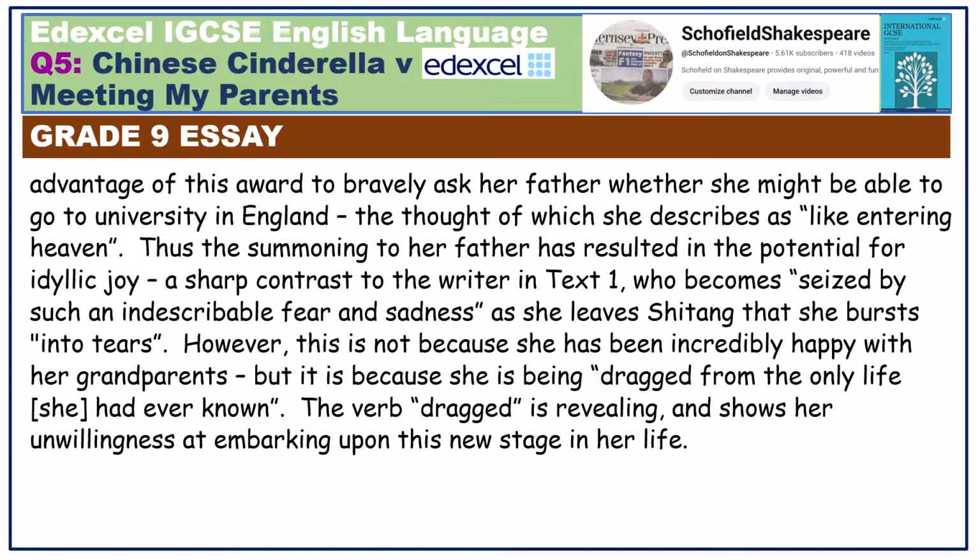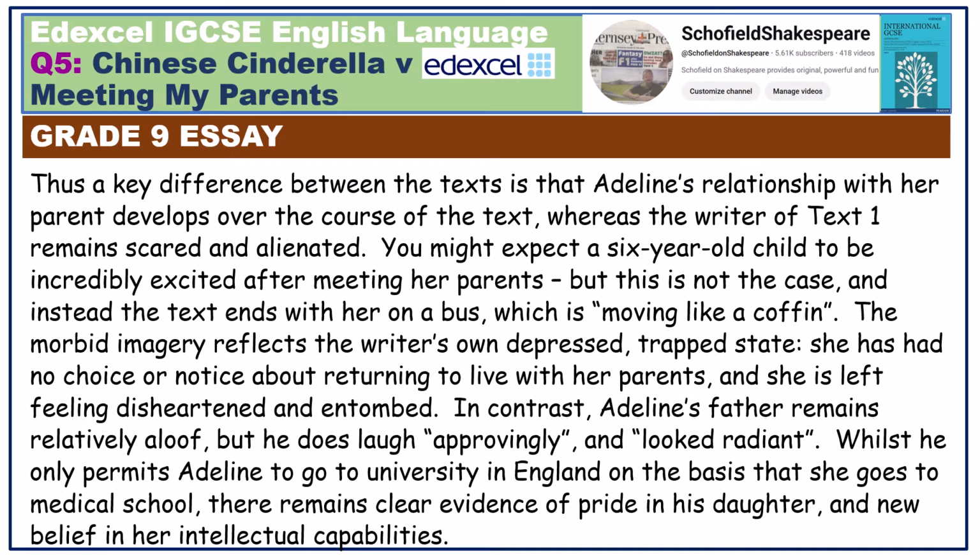The verb dragged is revealing and shows her unwillingness at embarking upon this new stage in her life. Thus, a key difference between the texts is that Adelaide's relationship with her parent develops over the course of the text, whereas the writer of text 1 remains scared and alienated.